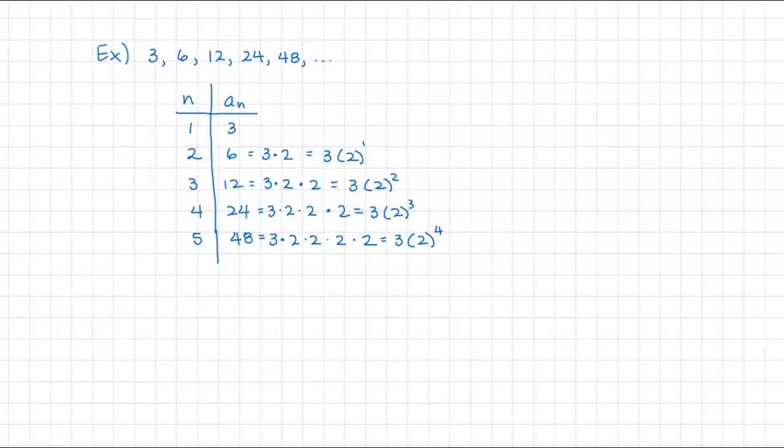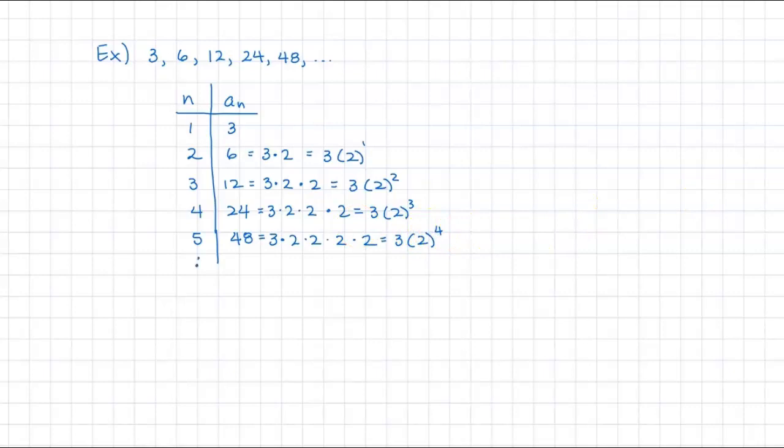And if you take a look, the power that we're using with the base is always 1 less than the term number. The second term, we only multiplied by one 2. The third term, we multiplied by two of them. The fourth term, we multiplied by three 2s. The fifth term, we multiplied by four.